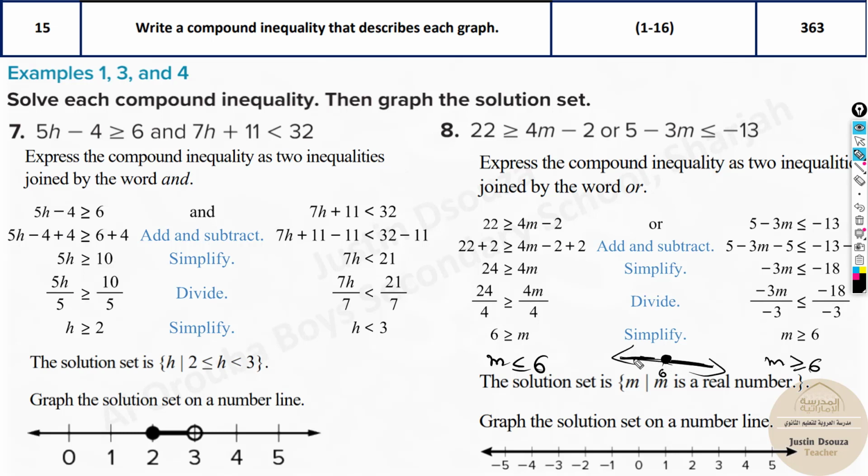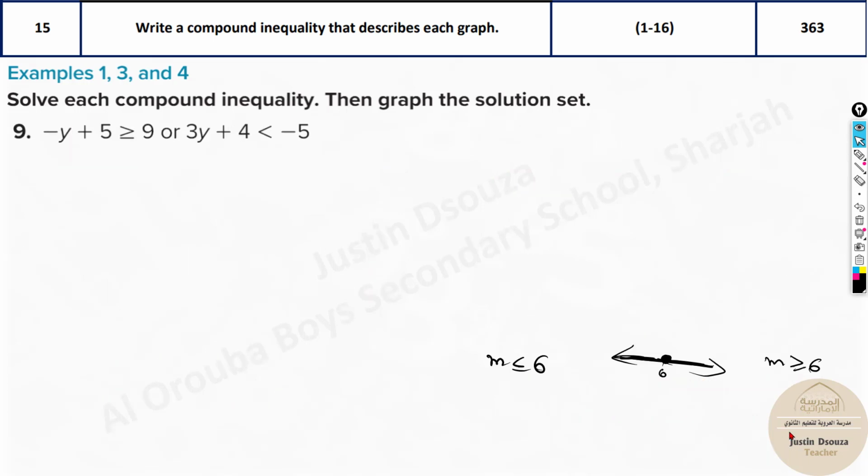Everything to the right, everything to the left, and even this point. That means all real numbers are considered. The solution is all solutions. So literally the entire number line is the solution over here. Whenever you have m less than or equal to 6 and greater than or equal to 6, same number, yes, it's possible. Okay, all possible solutions.